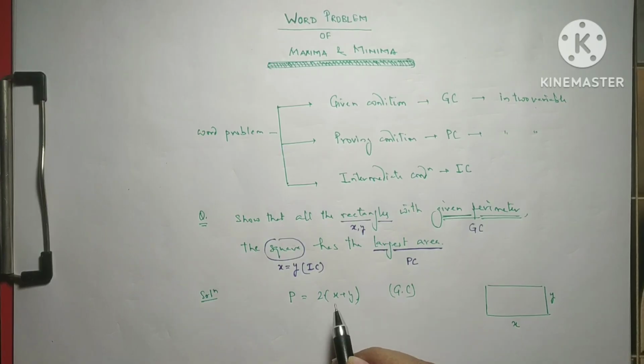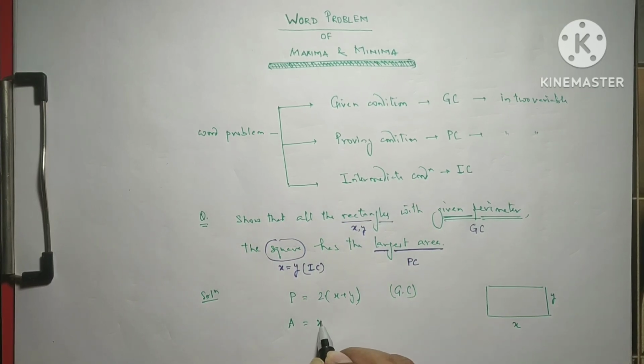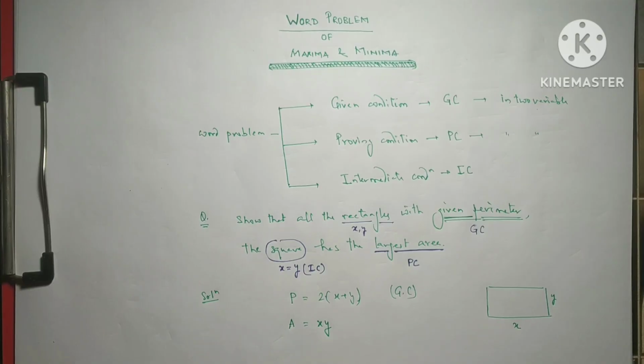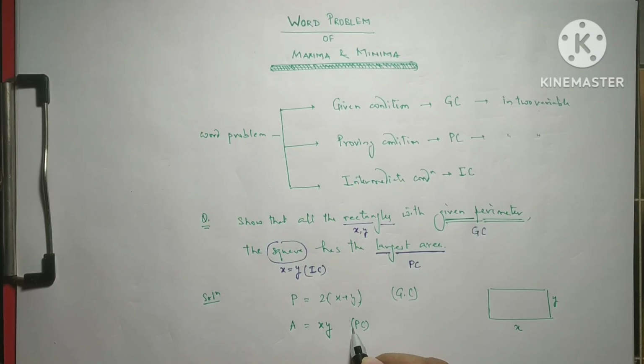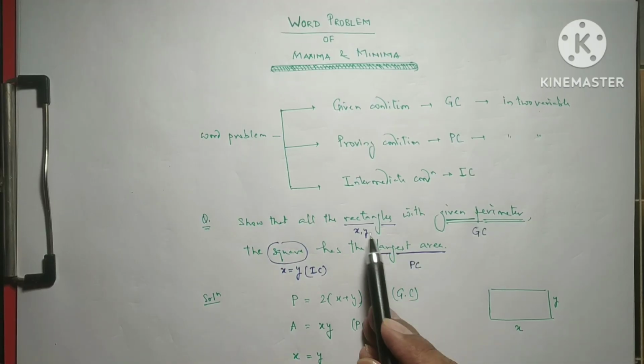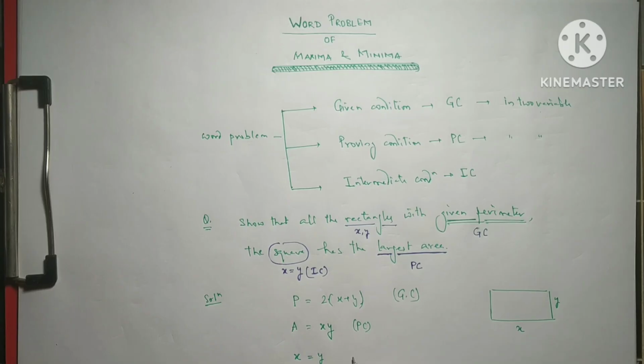So we will change this condition into one variable, and the proving condition is area. So area of rectangle is the product of length and width, right? And this is proving condition, and IC is x equals to y. If the largest area rectangle should be a square, so x and y should be equal, so this is IC.